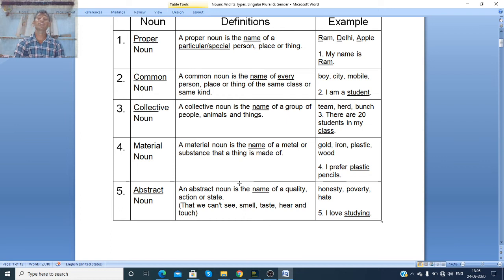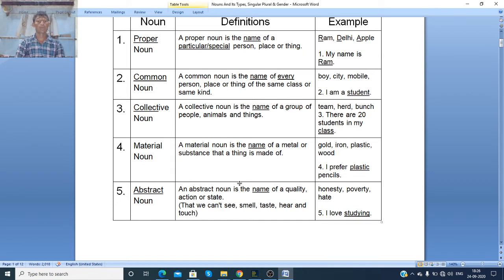An abstract noun is the name of a quality, action, or state that isn't in concrete form, that we can't see, smell, taste, hear, and touch. We have our five organs, and we can't see that thing, we can't smell that thing, we can't taste that thing, we can't hear that thing, and we can't even touch that thing.